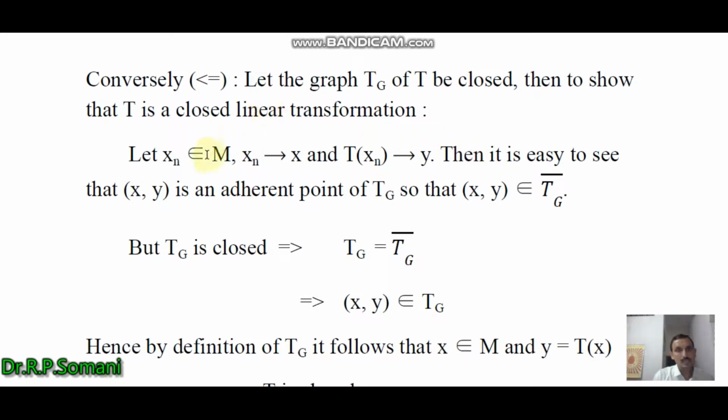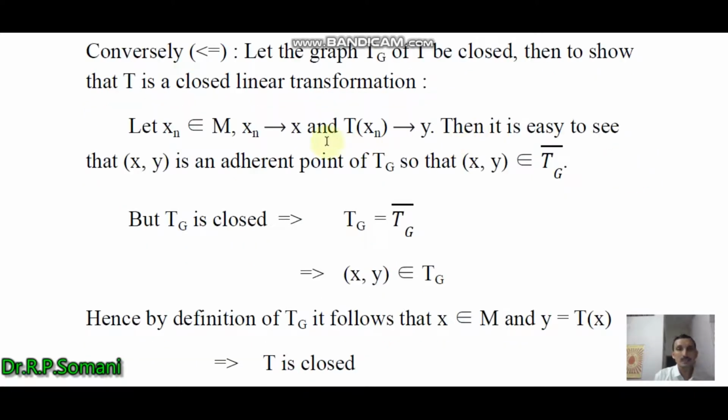So for this, let xn belong to M, xn tend to x and Txn tend to y. Then it is easy to see that (x, y) is an adherent point of Tg, so that (x, y) belongs to Tg bar. But as Tg is closed, Tg equals Tg bar, therefore (x, y) belongs to Tg.